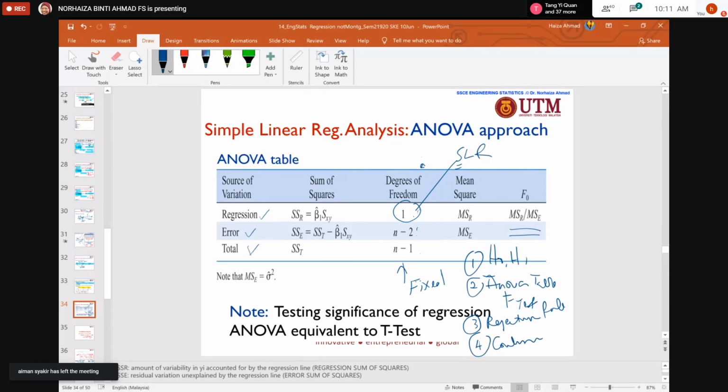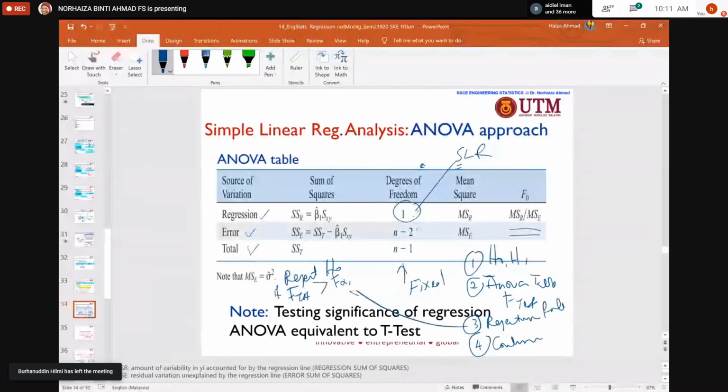So here your rejection rule is: reject H0 if your F test is greater than F alpha. Before, what did we take? I don't remember. I think it is 1 and n minus 2.